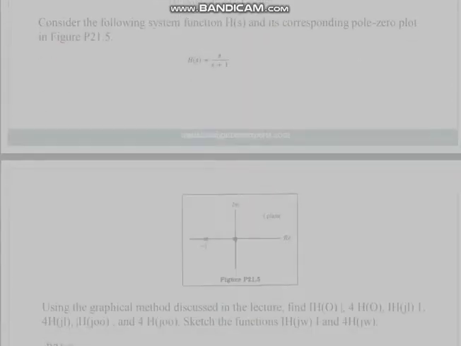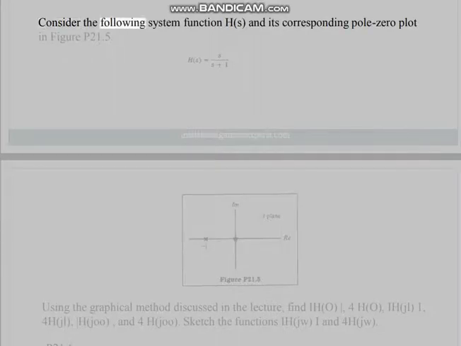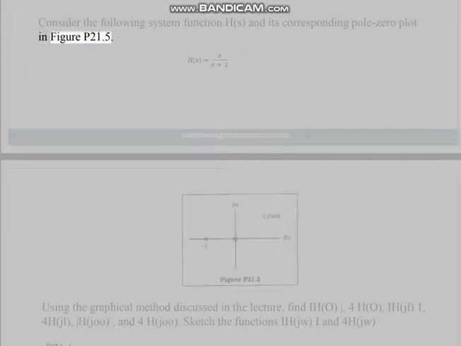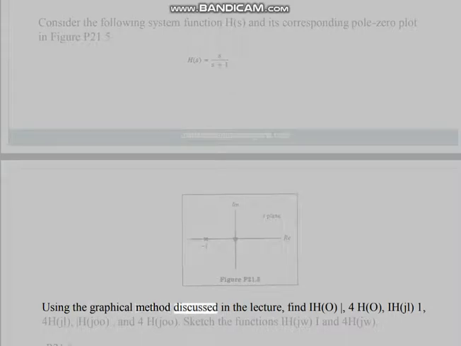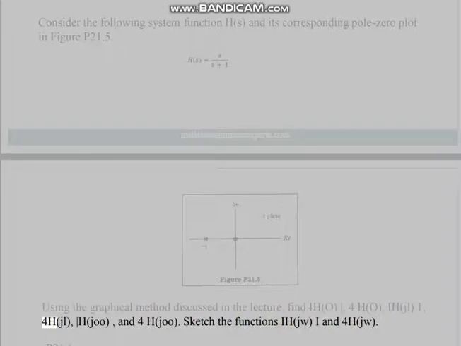P21.5. Consider the following system function H(s) and its corresponding pole-zero plot in figure P21.5. Using the graphical method discussed in the lecture, find |H(0)|, ∠H(0), |H(jω1)|, ∠H(jω1), and |H(jω2)|, ∠H(jω2).